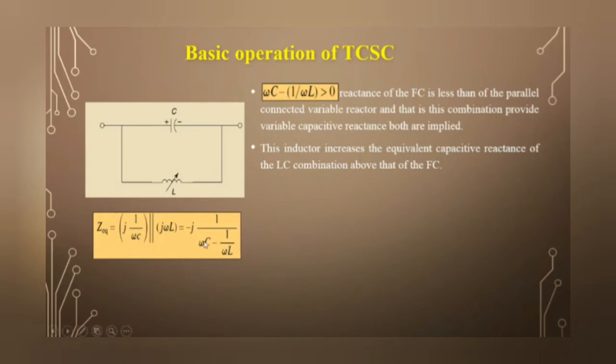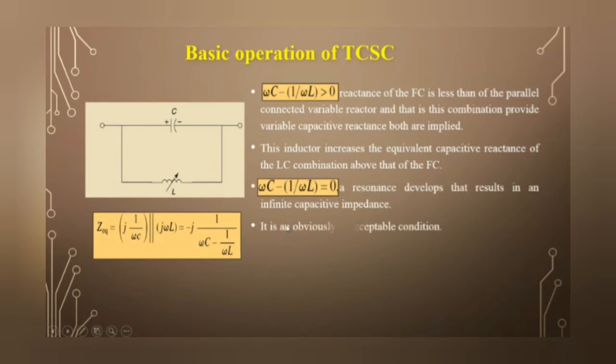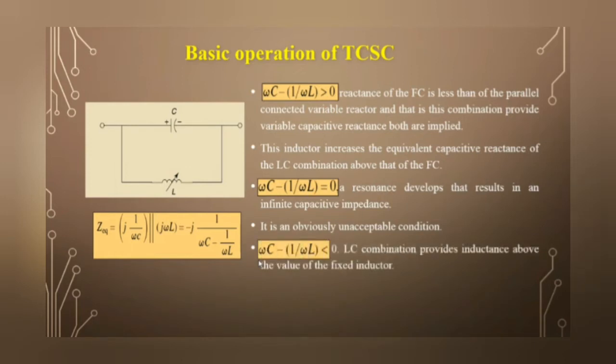So it is an unacceptable condition when omega C is equal to 1 upon omega L. And the third condition: if omega C minus 1 upon omega L is less than 0, the LC combination provides inductance above the value of the fixed inductor. And this situation corresponds to the inductive Vernier mode of the TCSC operation. So this is the basic operation of TCSC.